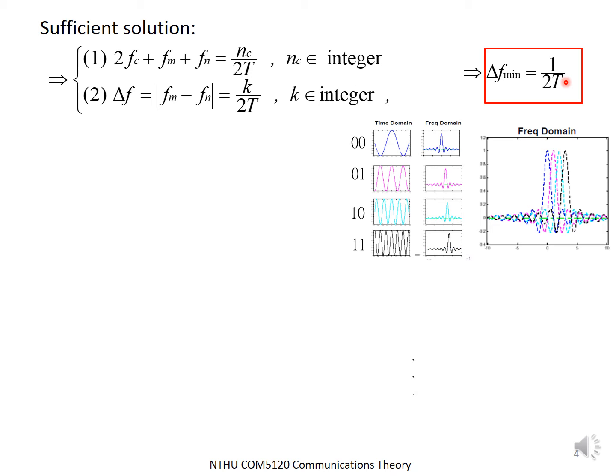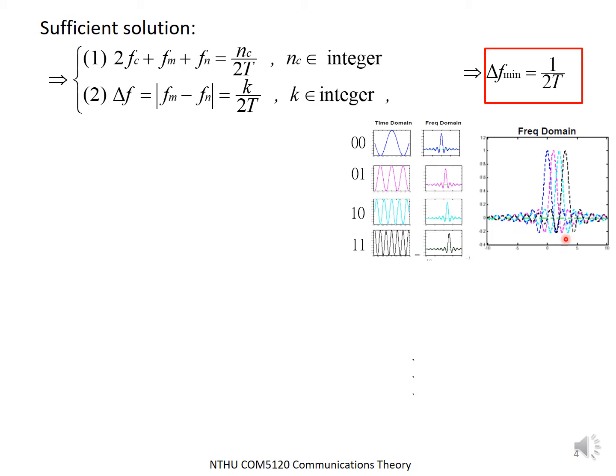A higher symbol rate represents a larger frequency separation, and together that means what? That means that in total it requires a larger bandwidth.